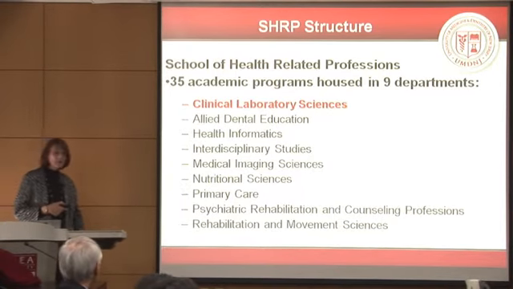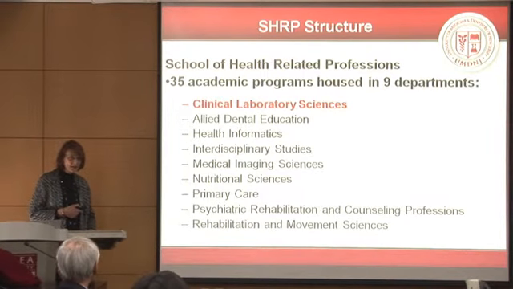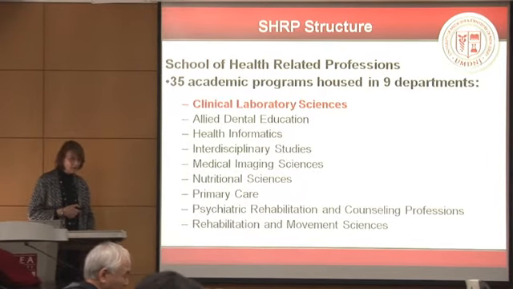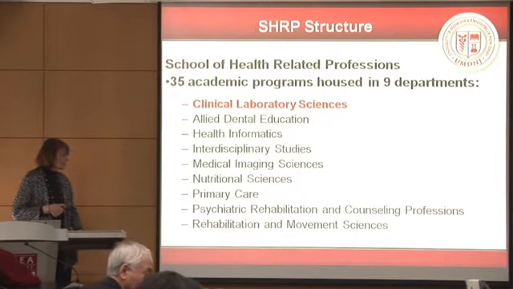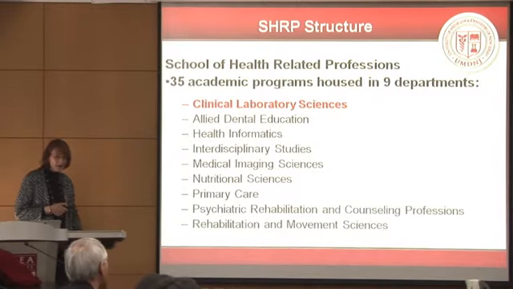Primary care includes physician assistants and respiratory therapy. Psychiatric rehabilitation and counseling. These are individuals who provide care and counseling for those with serious mental illness. And rehabilitation and movement sciences is now the physical therapy.